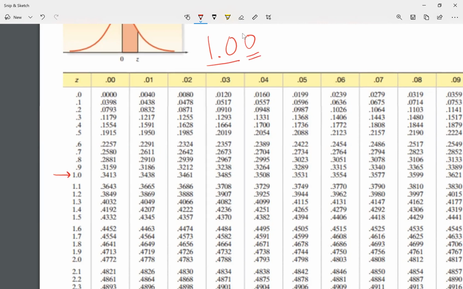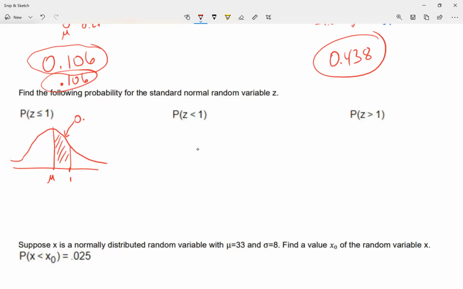I look at my second decimal place, it's right here. So that area is 0.3413.